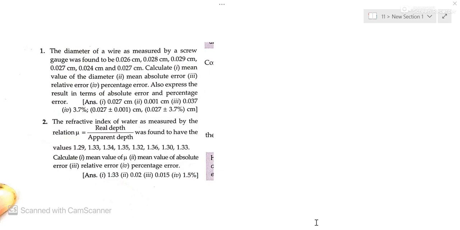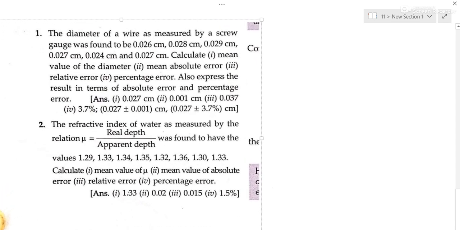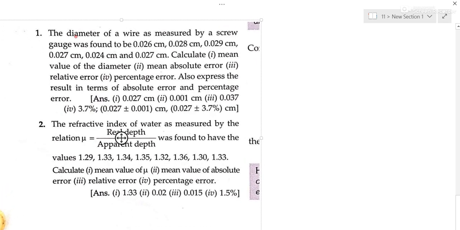So these are two questions that should be done by you. In the first question you can see the diameter is measured 1, 2, 3, 4, 5, 6 times. So write down the diameter for the first time, second time, third time. So you can note down these values properly, right?